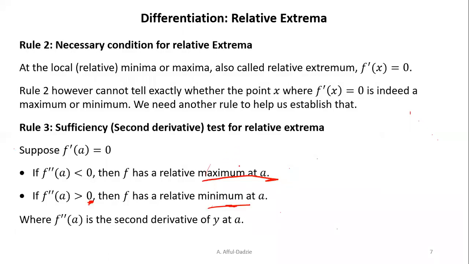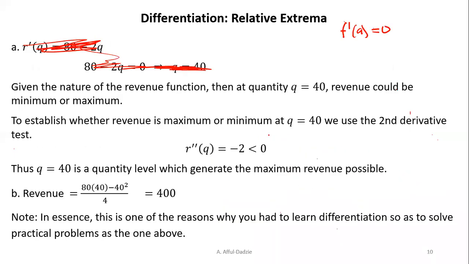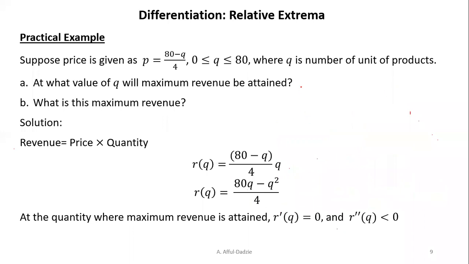Do you understand that point? So when we take the derivative of our function, suppose we take f prime of q, and we had 20 minus 1 over 2q.